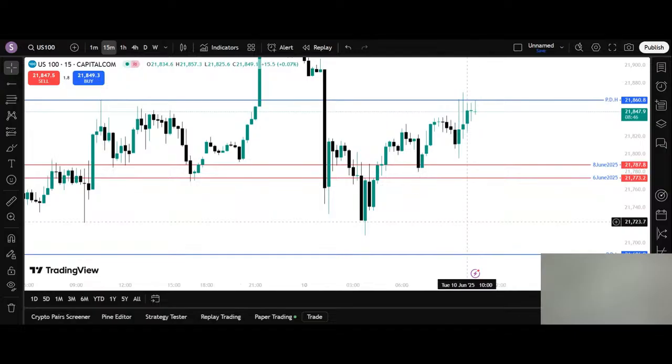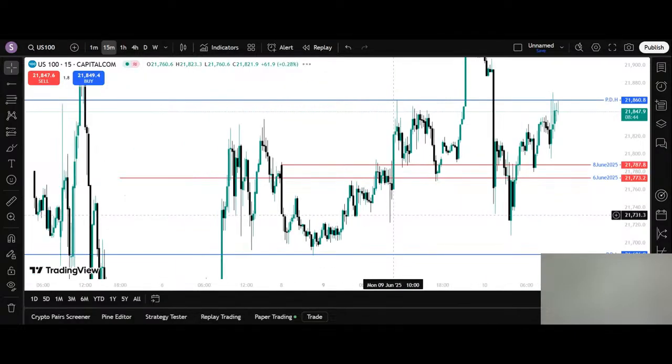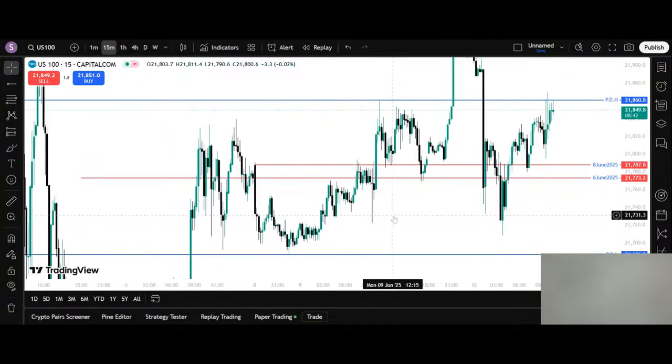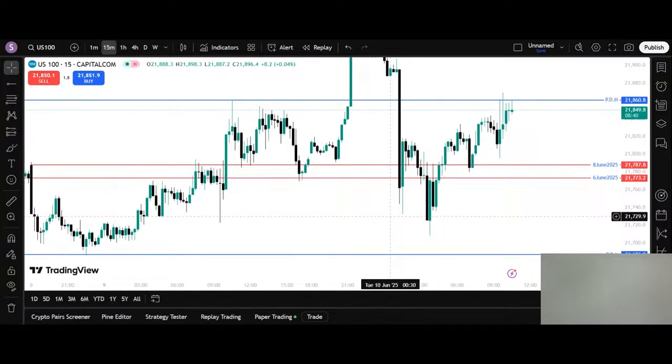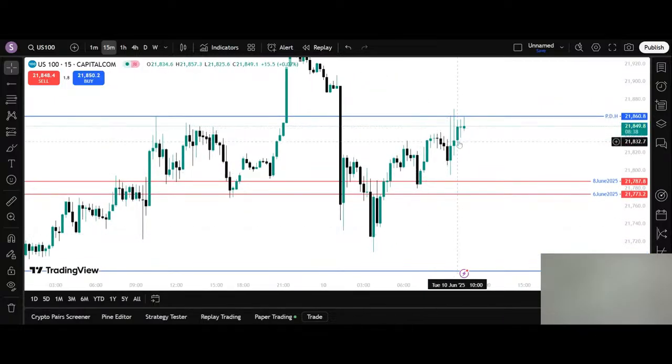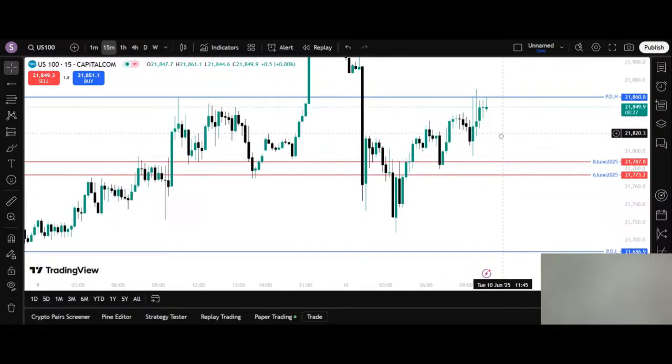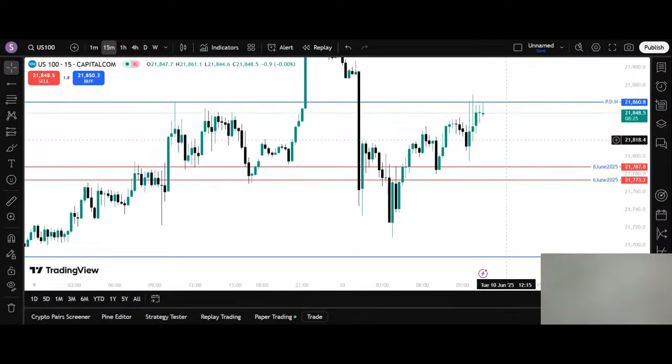Currently viewing the 15 minutes and zooming out to see if we missed anything or not. As I said, I'm more likely to look for sells unless price tells me otherwise.